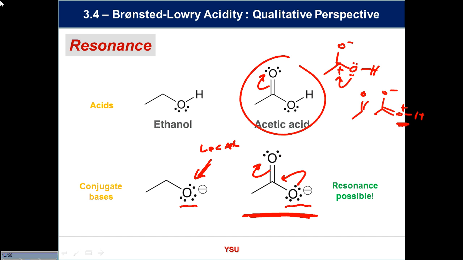H3O+ is pretty acidic. So the pulling of electron density away from this proton is more of a deal in that molecule than it is over here because I can't delocalize those electrons. So again, both sides. This proton is a little bit more positive because of the pulling away by the carbonyl, and on the right-hand side, or down here, this molecule is more stable because of delocalization. Subtle, but key.